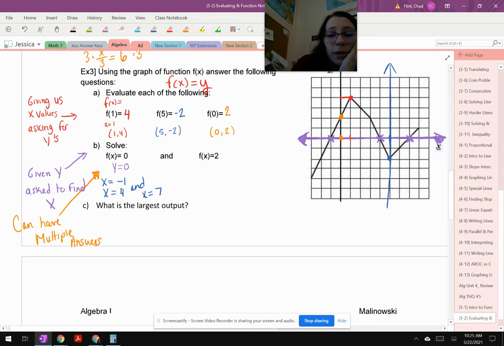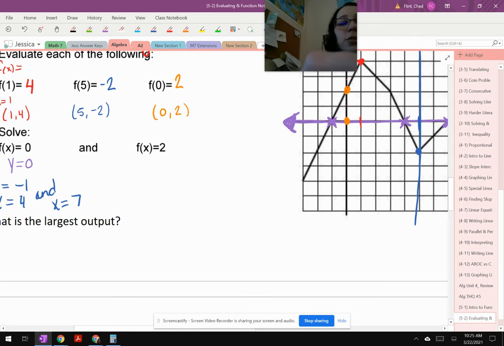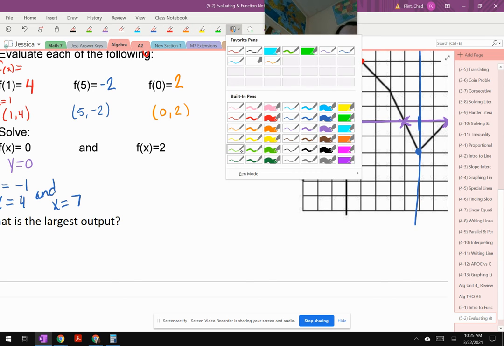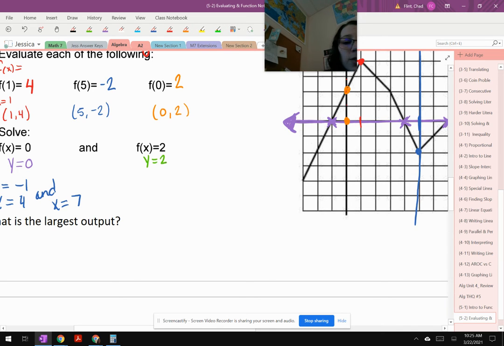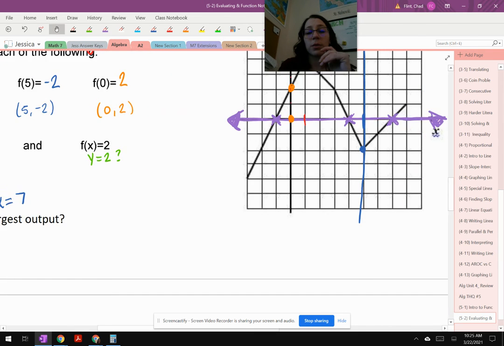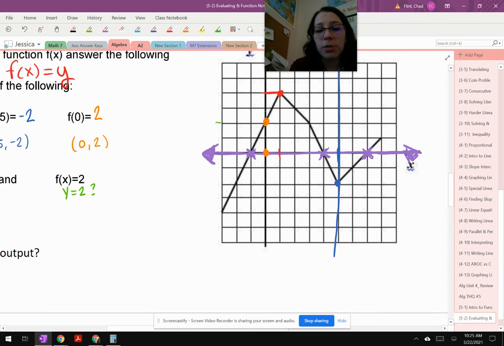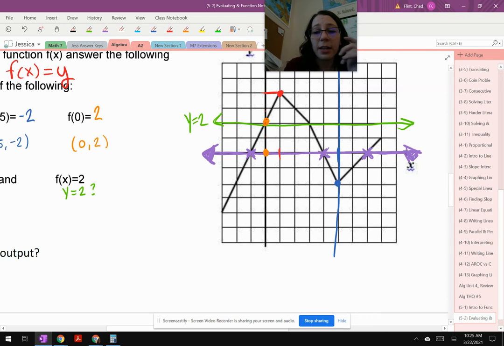So in this next one, we have f of x is equal to 2. So they're asking me where I have a y value that's equal to 2. Where is y equal to 2? So y being 2 would be up here, using my green line. And the values that touch that line are 1 right there and 1 right there.